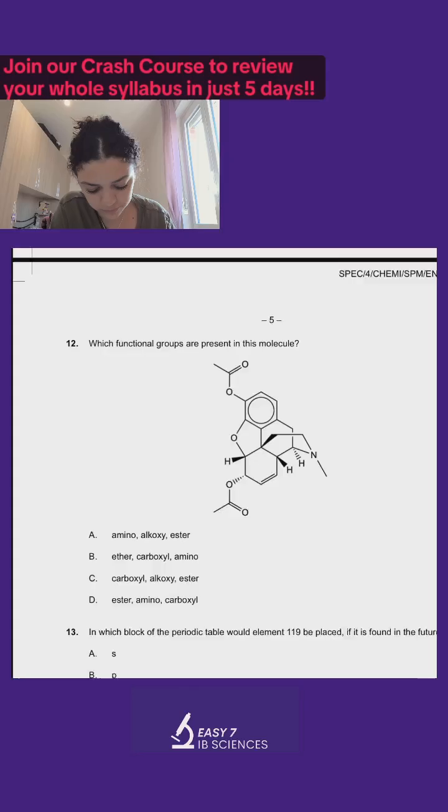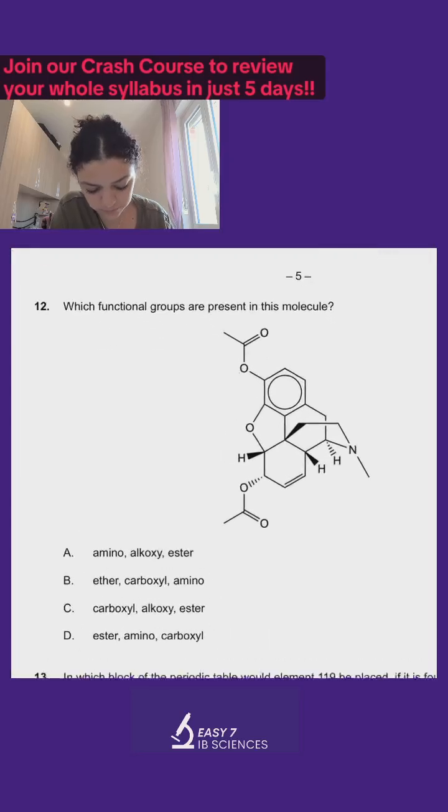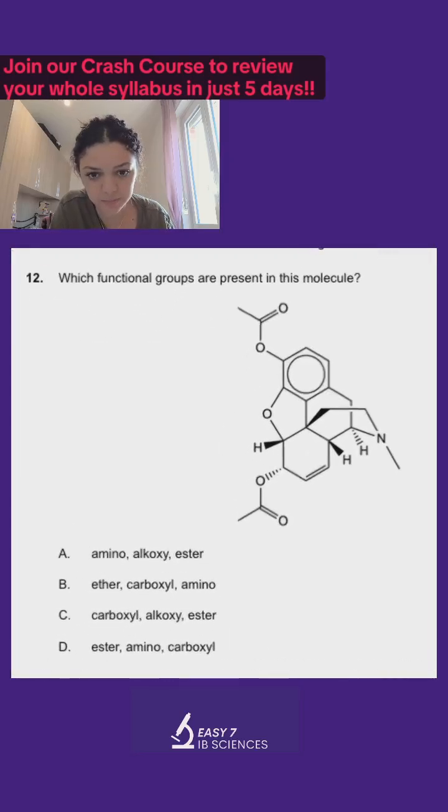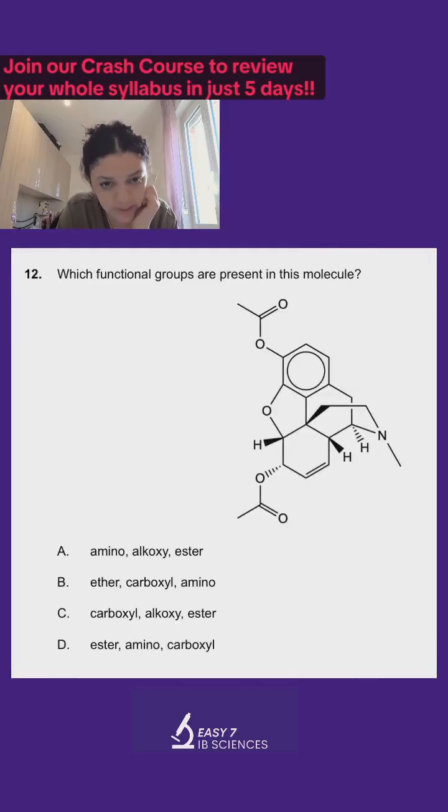Okay, it says, which functional groups are present in this molecule? I'm going to zoom in so you guys can see better. If you do bio, this kind of can help you, because amino is not really, actually no, it is. What are we thinking for 12? Someone said D. But you kind of need to know about monomers a bit in chem.